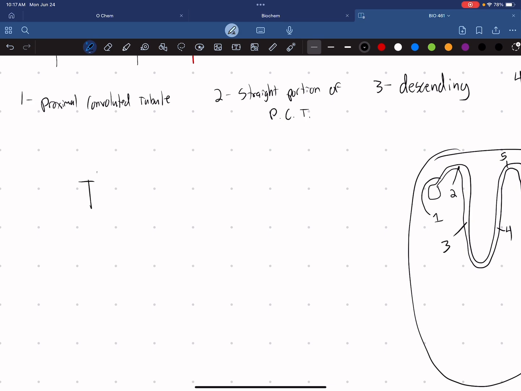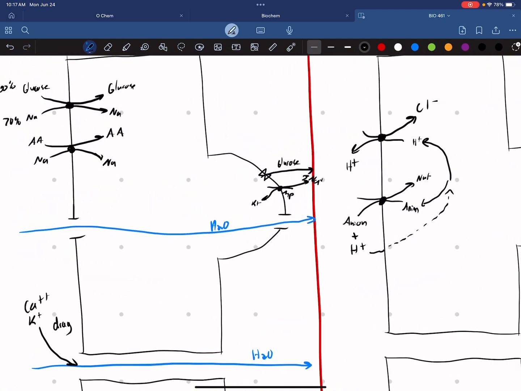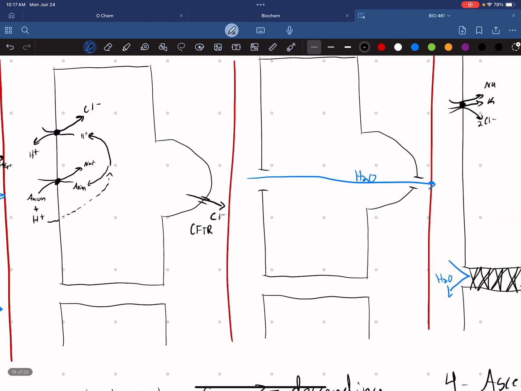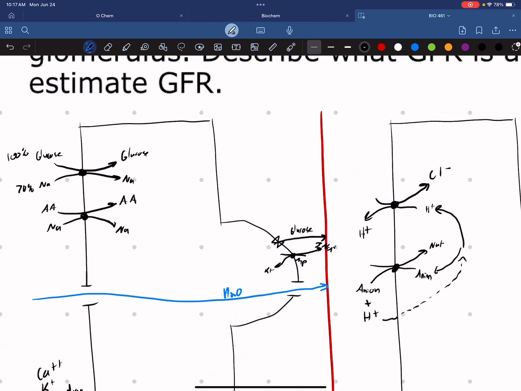So now when talking about the idea of threshold, that is the idea where each one of these transporters along these cells here can only contain a certain amount of these ions traveling in and out of the kidney cells. So say, for example, glucose, we have a certain amount of transporters on our kidney cells that is accountable for glucose.